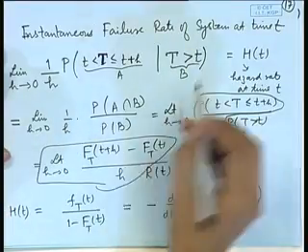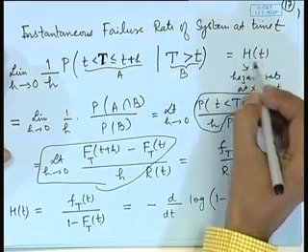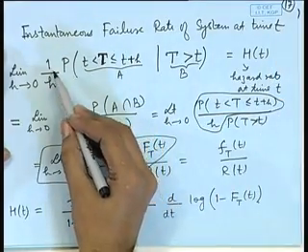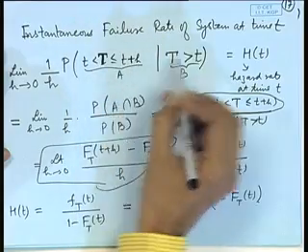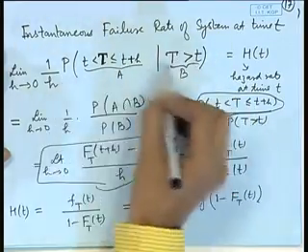We further introduced a concept called the instantaneous failure rate of a system at time t, which I called the hazard rate at time t, which is the probability of the system failing within a short time immediately after time t. So, the rate of failure.